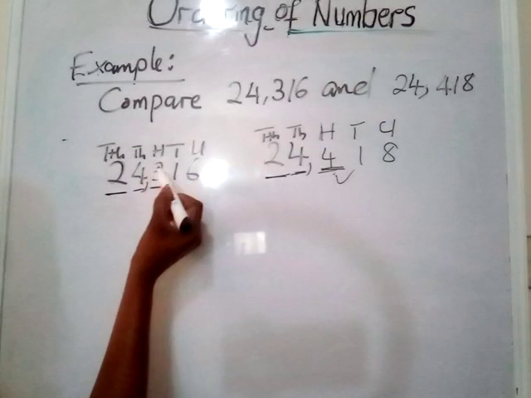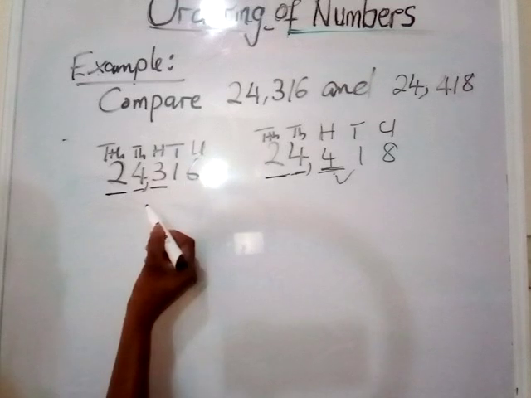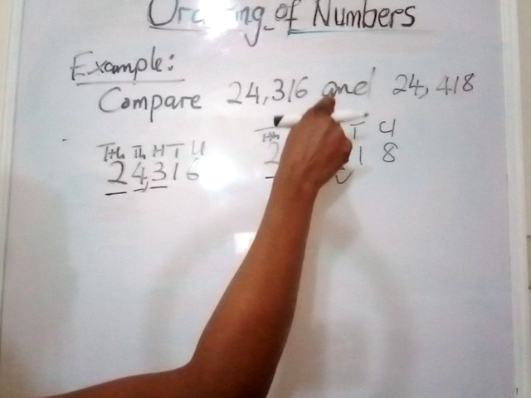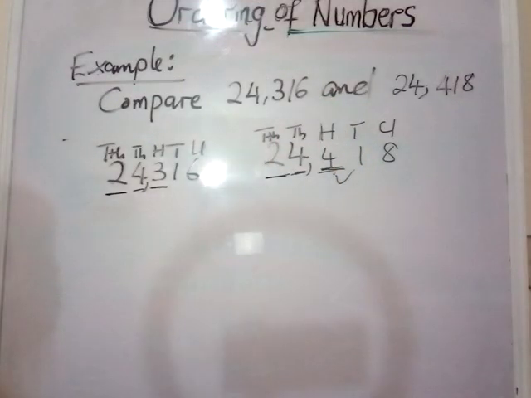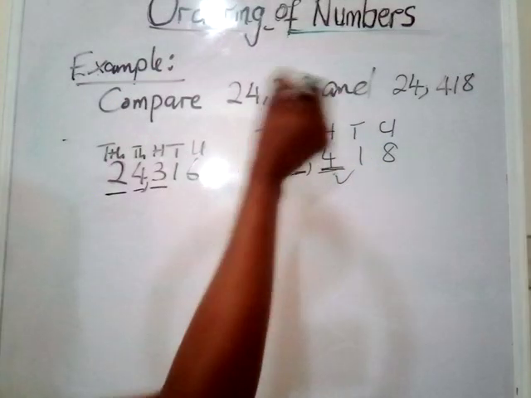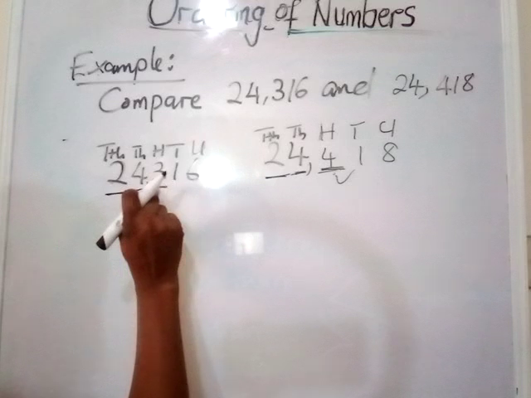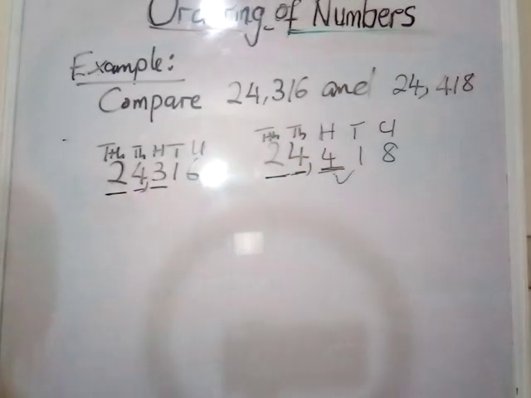So since you have gotten the difference in the 100s position, the number that has the larger digit in that position is bigger than the other number. Since this number has a larger digit in the 100s position than the first number, that means this second number is bigger than the first number.